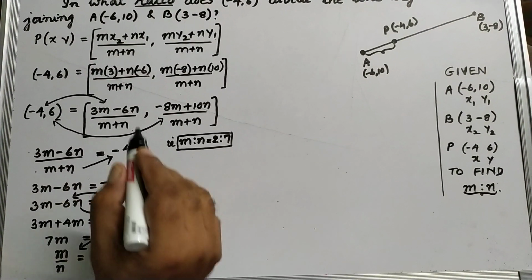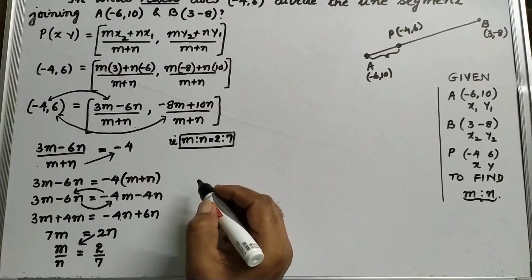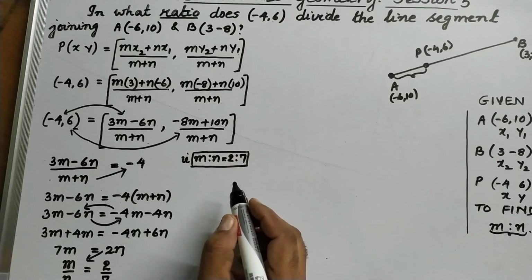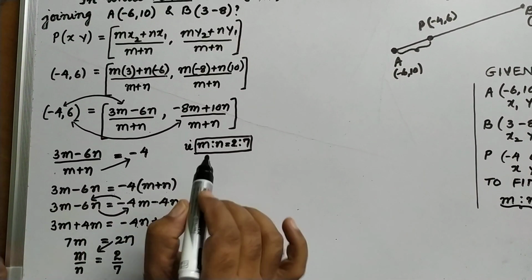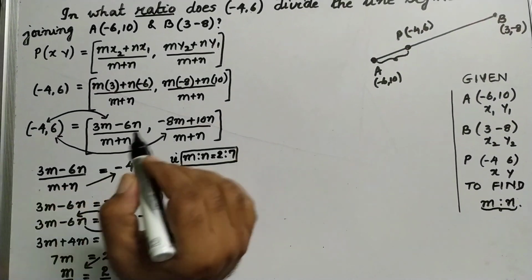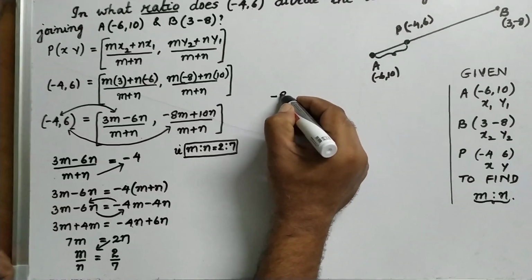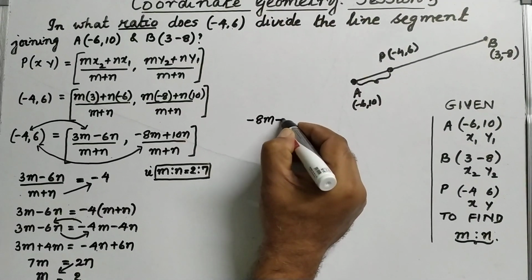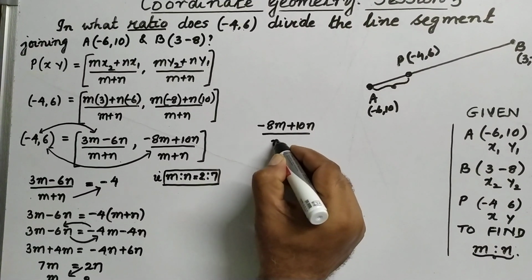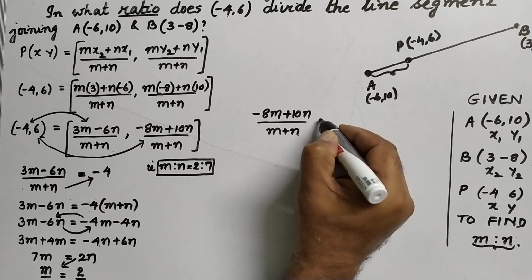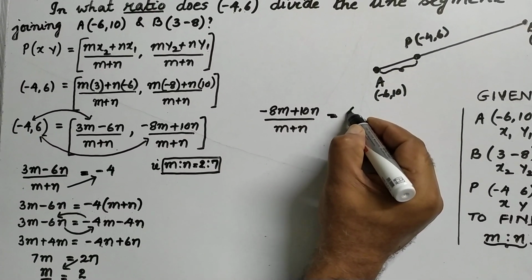You need not verify by equating the other components, but I am showing it to you now that if we equate the second components also, we get the same answer. The second components of the ordered pairs: (-8m plus 10n) divided by (m plus n) is equal to 6, the second component of the other ordered pair on the left hand side.